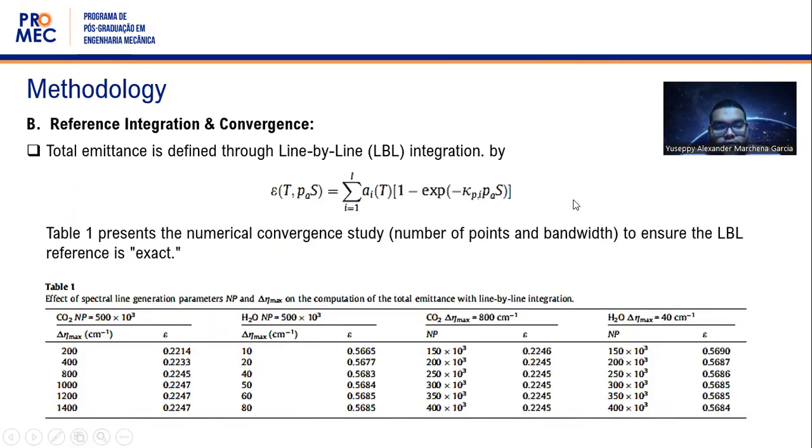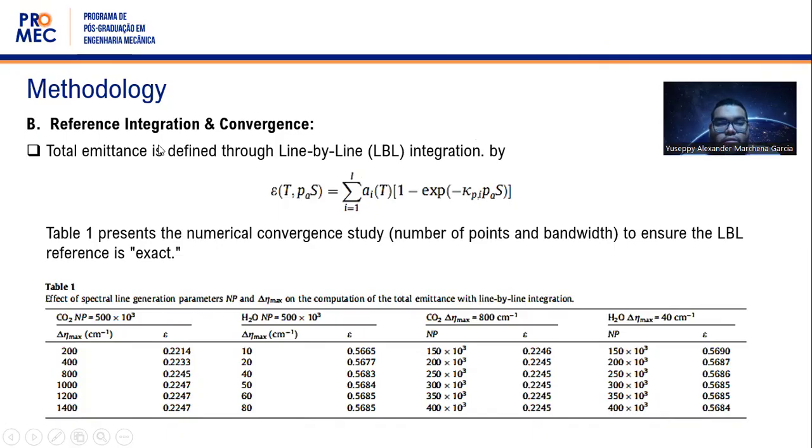Now, talking about the weighted sum of gray gases model, WSGG, this model approximates the real spectrum by a reduced number of gray gases with constant absorption.